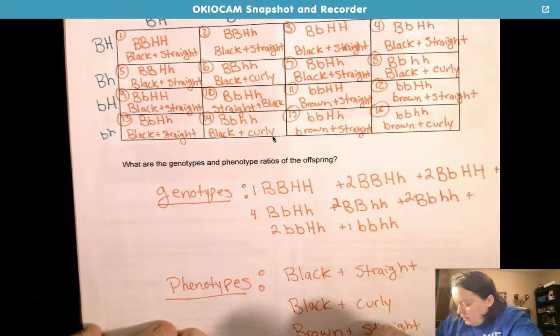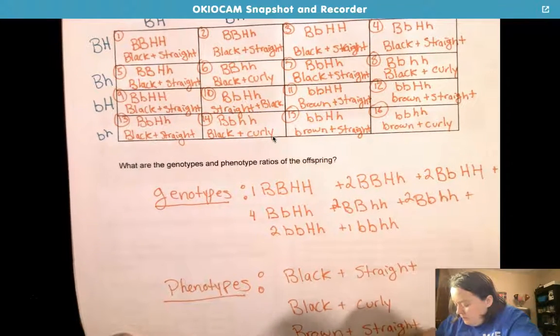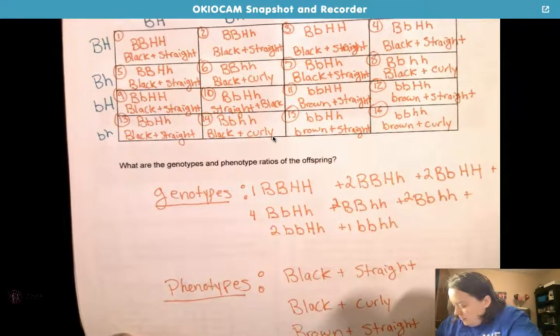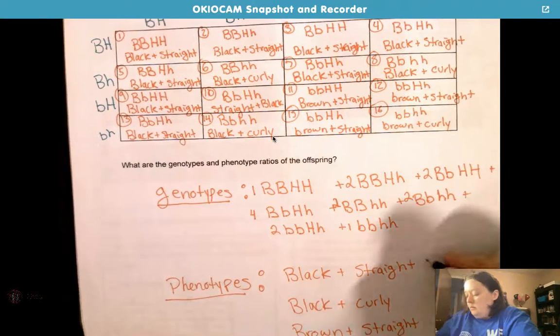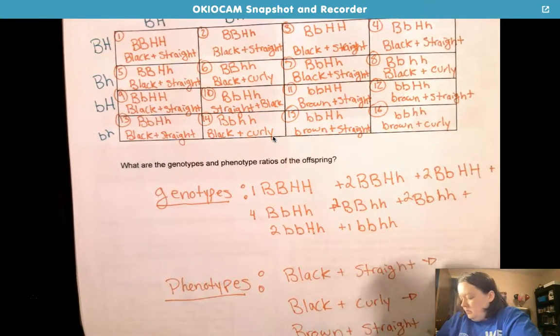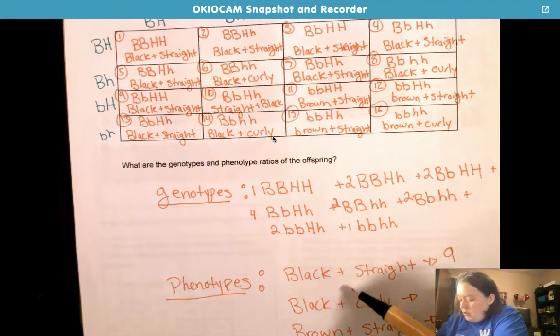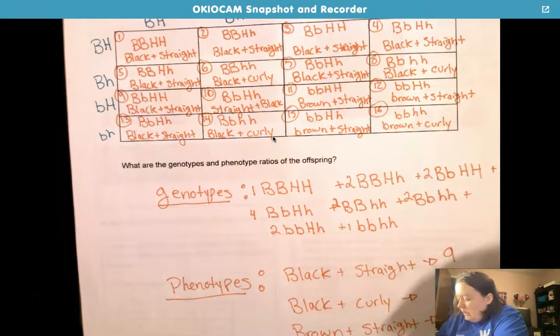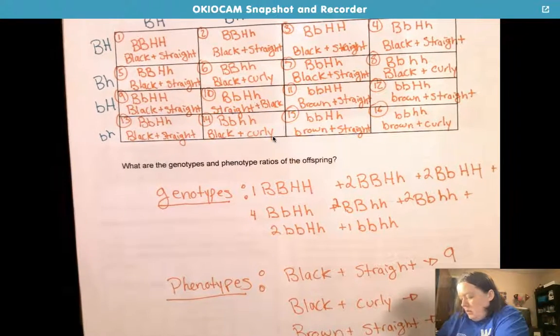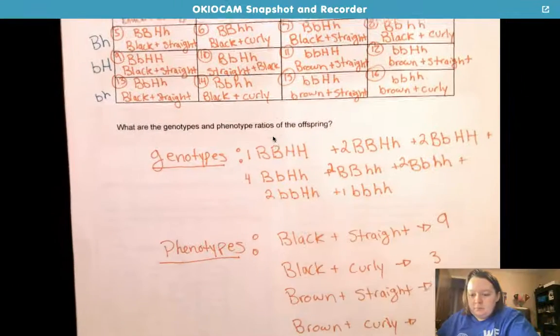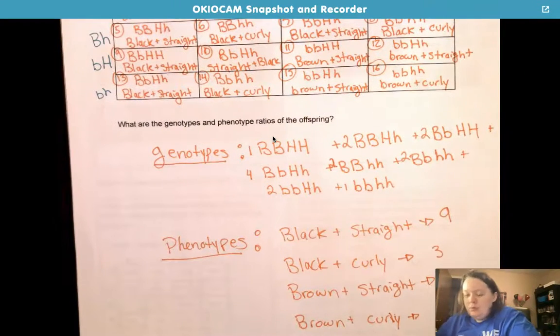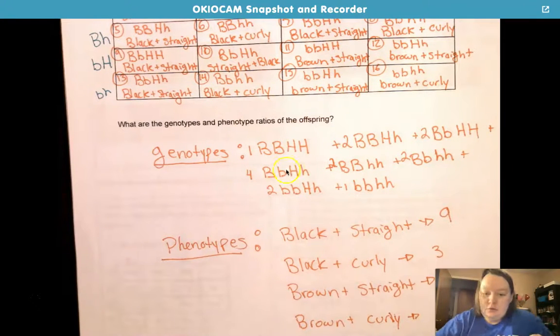And we have a brown and curly. From there, all you have to do is add up how many of each you have. If you add them up, 9 are black and straight, 3 are black and curly, 3 are brown and straight, and 1 is brown and curly. So that is how you go through the whole process. I hope this helped. Let me know if you still have questions.